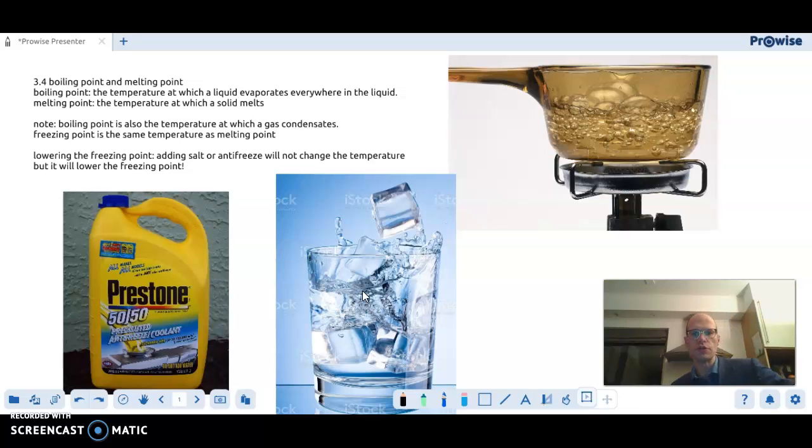And how do we use the table? For instance, if we take a look at aluminium, and that aluminium is on the stove, and that has a temperature of 500 degrees Celsius. What state will aluminium be in?